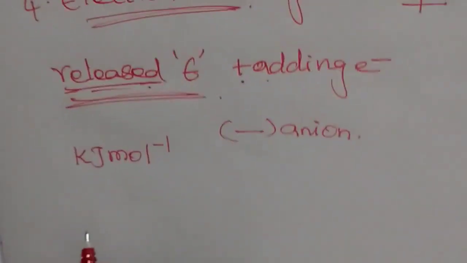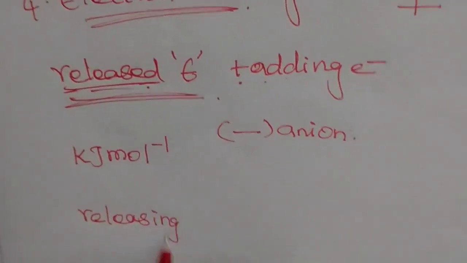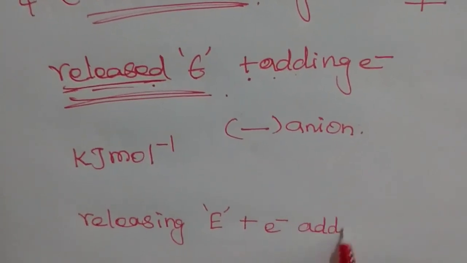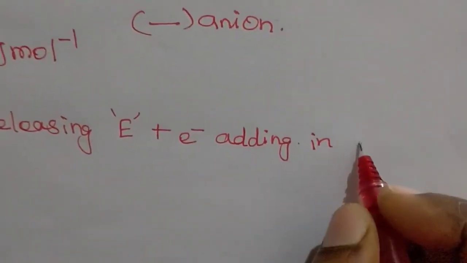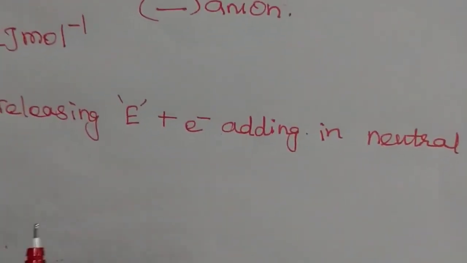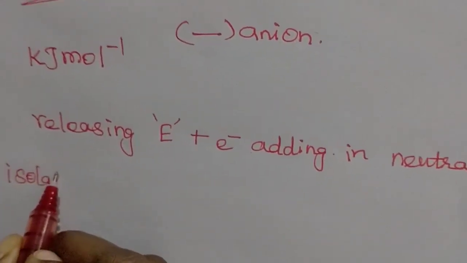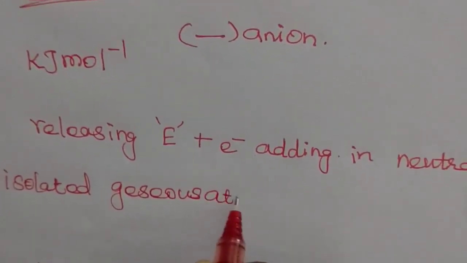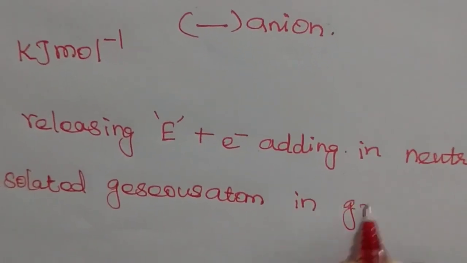Okay, now you see this one. Energy is released with the addition of an electron to a neutral, isolated, gaseous atom in the ground state.